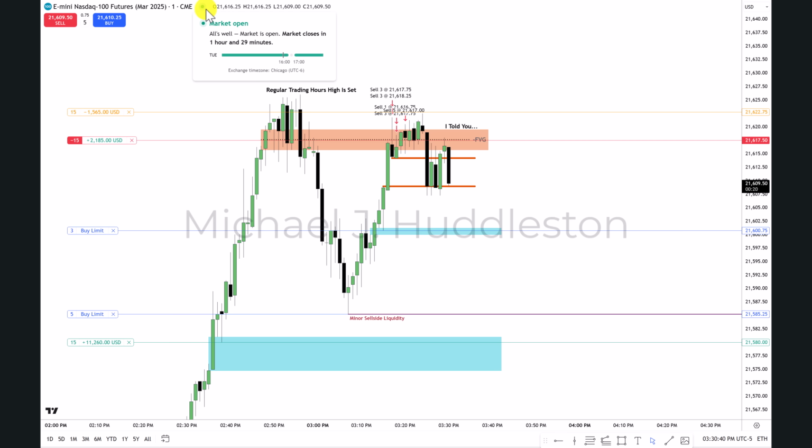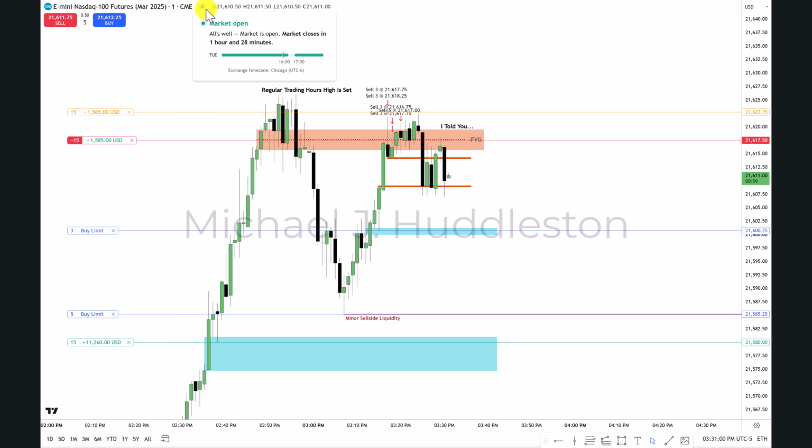Traders that use rudimentary ideas like bull flags and bear flags, they're seeing a bull flag here. And three live streamers that you would probably know well, they're looking for a break higher based on that premise. I do not see that.